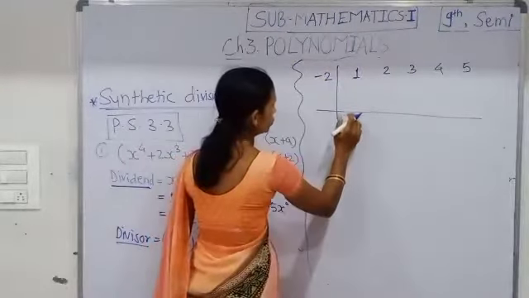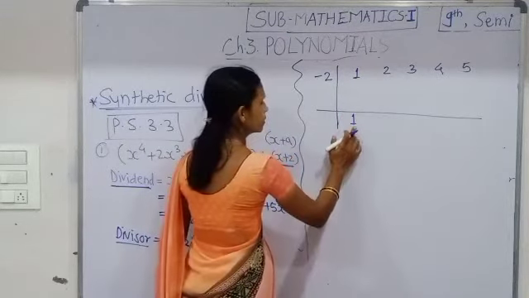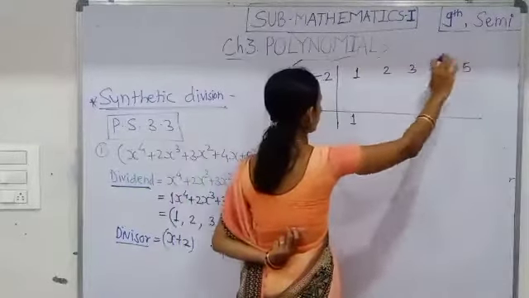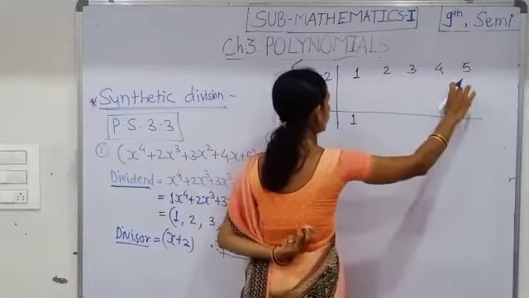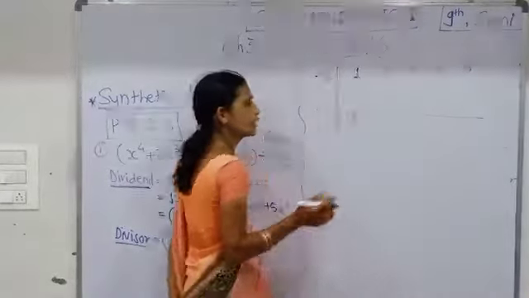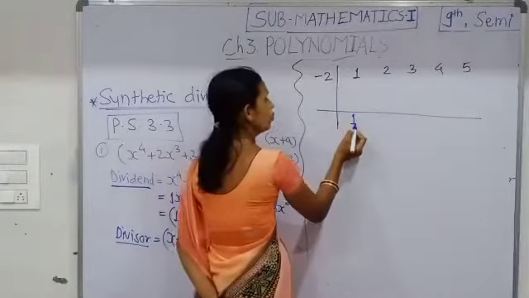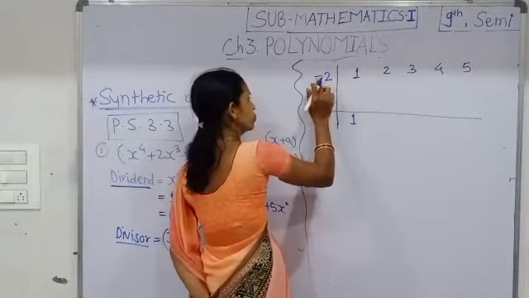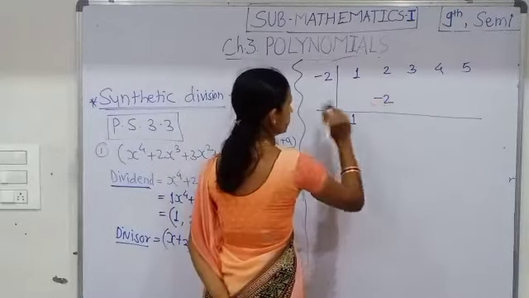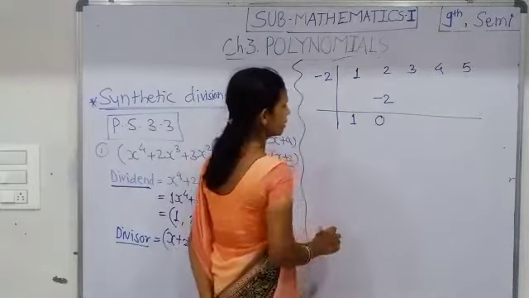Then we have to write the first coefficient as it is below this line. There are 3 rows: first row, second row, and a third row from which we can get the quotient and remainder. Then 1 is multiplied by minus 2. Therefore here 1 into minus 2, that is minus 2. Therefore 2 minus 2, 0 is there.